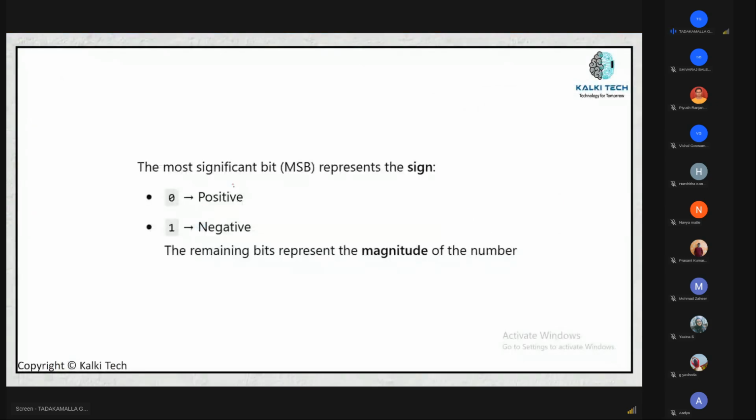In the case of signed magnitude representation, the MSB has the role of representing whether the number is positive or negative. If the MSB is 0, then the number is positive, and if the MSB is 1, then the number is negative. So the MSB plays a key role in determining whether the number is positive or negative.